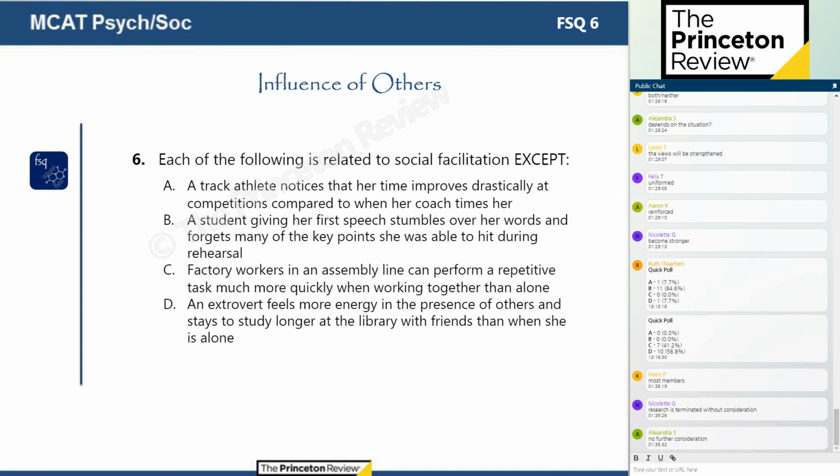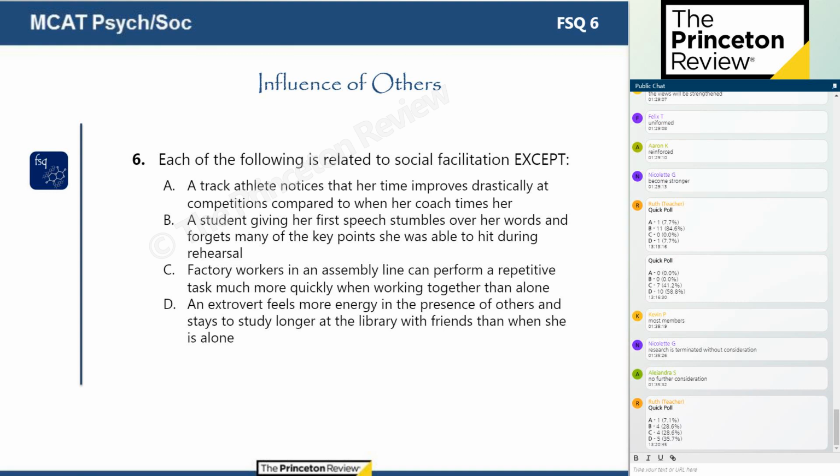Okay, another interesting one. I'm going to go ahead and close out and show our results. Let's take a look at this. What kind of question is this? What's our strategy?